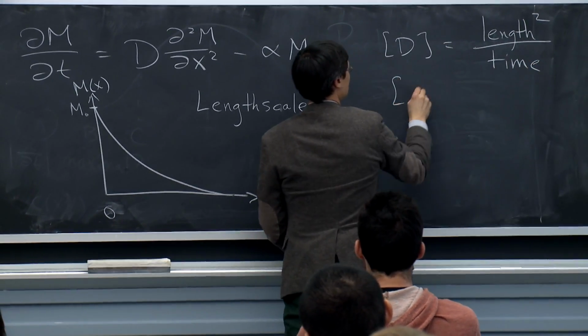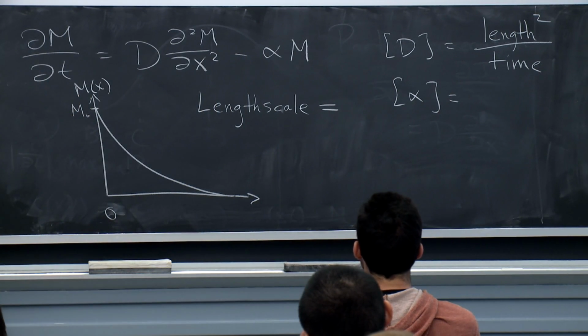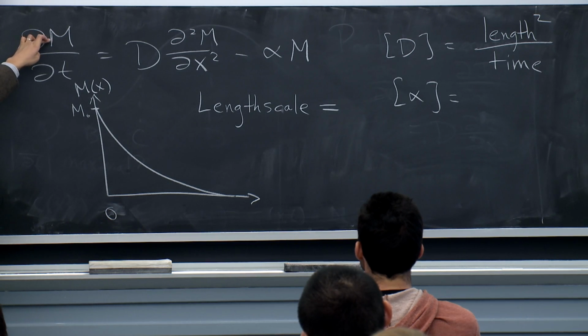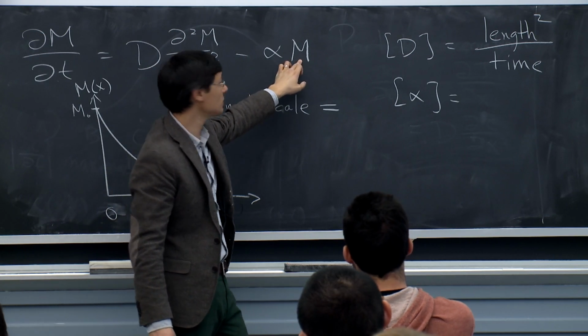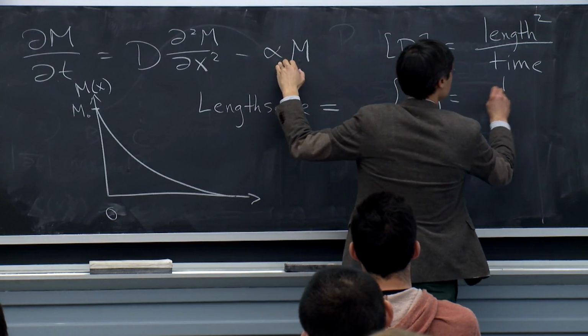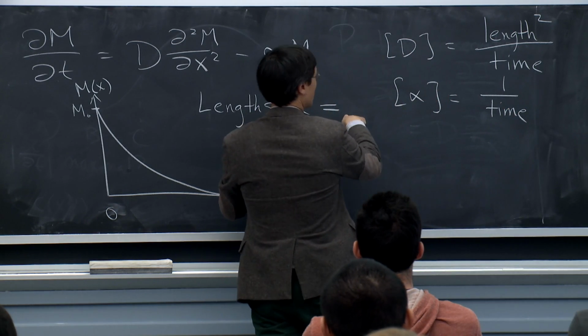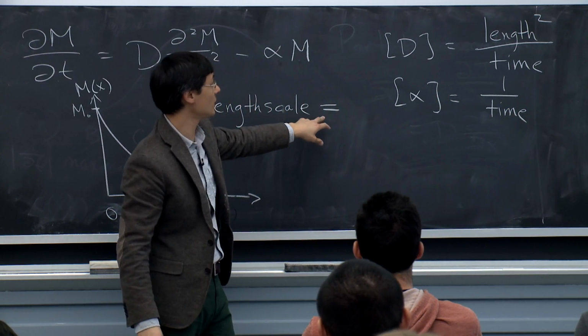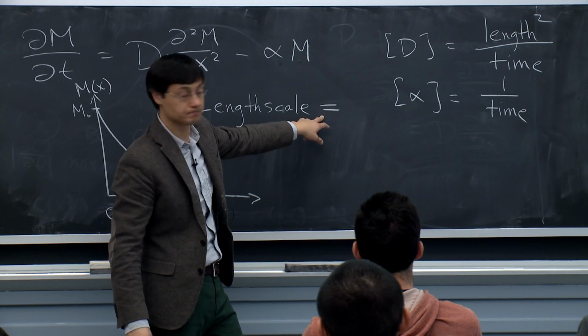All right, and units of alpha? This is a morphogen concentration over a time, and this is a morphogen concentration, so this thing has to be 1 over time. So the length scale is going to have to go as the square root of D over alpha.